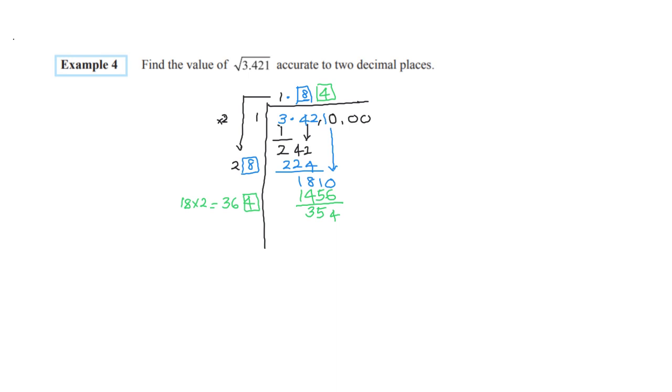You have to take another pair of numbers down like this. The next step, you have to double the top number. What you have there?